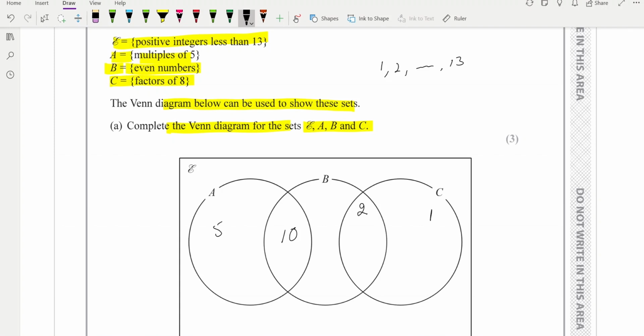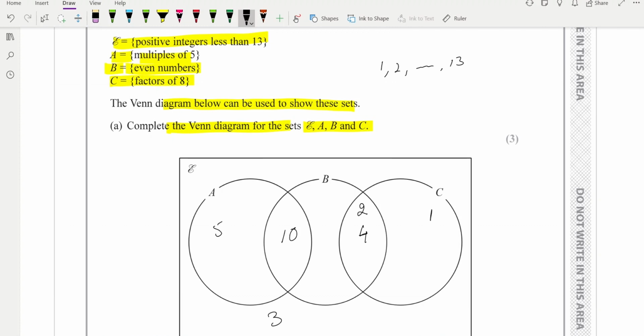And 3 is not a multiple of 5, not an even number and not a factor, so we can write 3 outside. And 4 is a factor of 8 and an even number, so we'll write it at the common place over here.